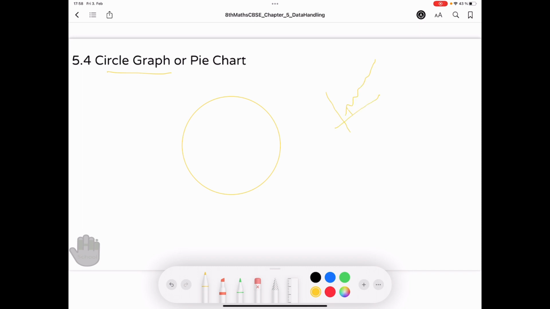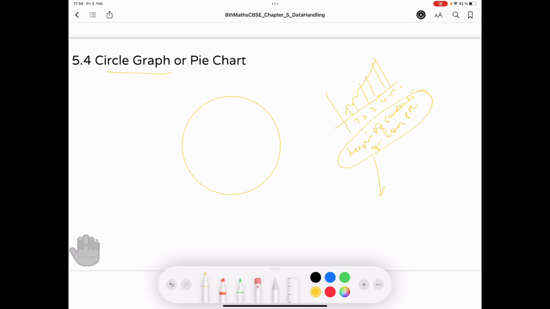For example, these are heights of students in class 8th. Student number 1 2 3 4 5 6. What is the quantity here? Height of the students of class 8th. That's the quantity. And what are the multiple values here?